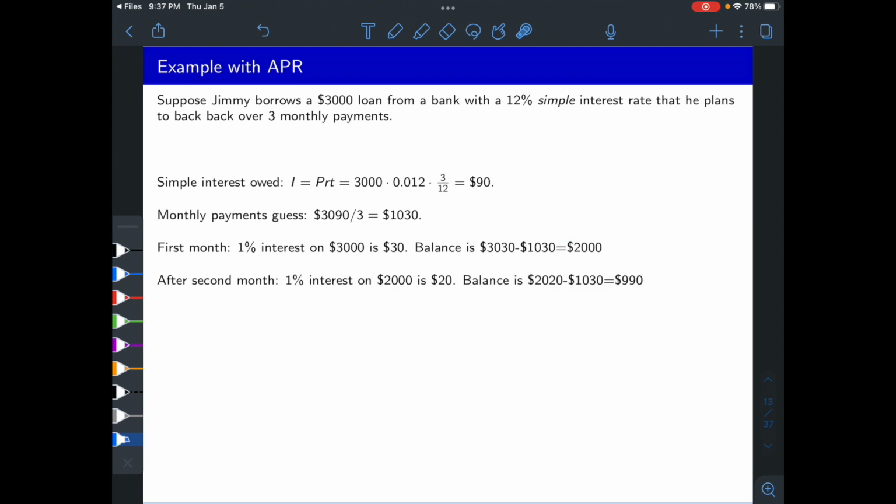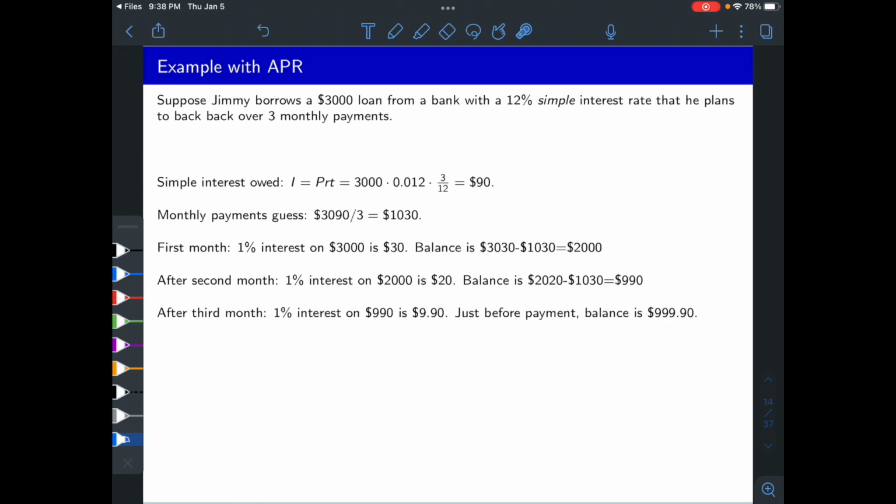All right, what about the second month? 1% interest again. On $2,000, 1% is $20. So the balance goes up to $2,000 plus 20, and then he makes the same monthly payment of $1,030. So 2020 minus 1030 is equal to 990. That's how much he owes after the second payment.